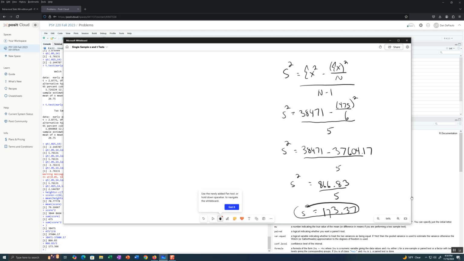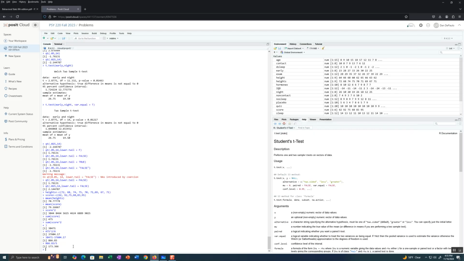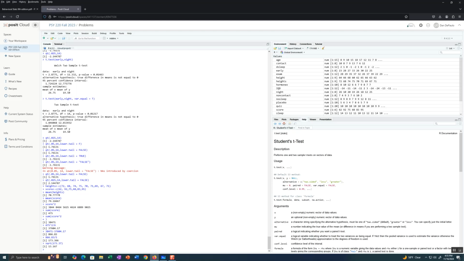And then we want our standard deviation, so simply take the square root. So S is the square root of 173.37. S is going to be 13.17.